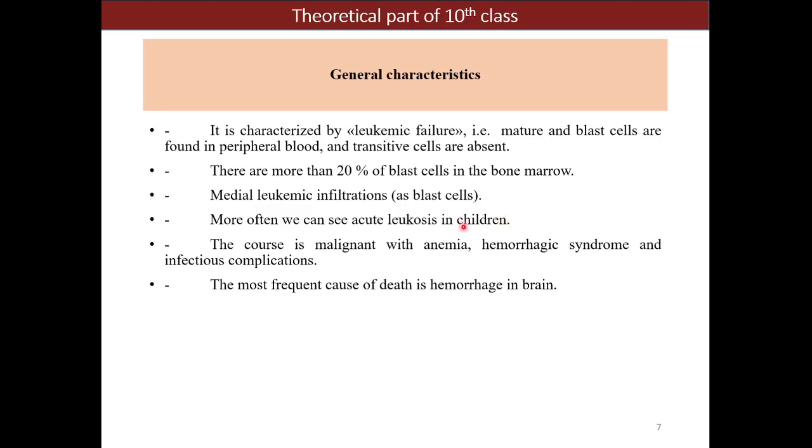We may see anemia because of a decrease of progenitors of erythrocytes. Hemorrhagic syndrome, because of a decrease of progenitors of platelets, and infectious complications, because there are a lot of leukoblasts in the peripheral blood, but these cells are not differentiated, and that's why they couldn't do their function.